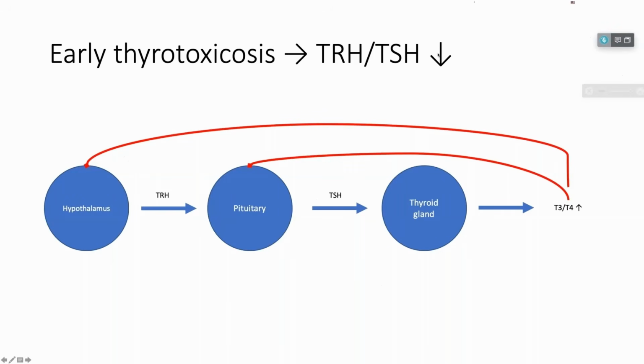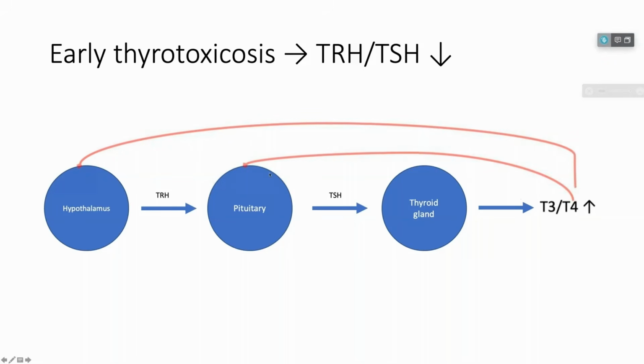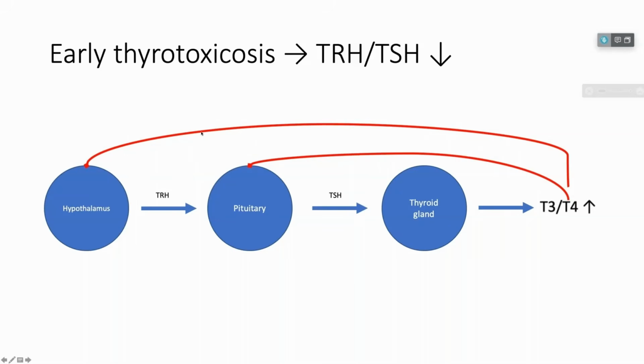So in early thyroid toxicosis, the problem is that we have a release of all that colloid, all that stored T3 and T4. That's going to cause increase in inhibition of the hypothalamus and the anterior pituitary, which is going to cause a decrease in my TRH and my TSH.